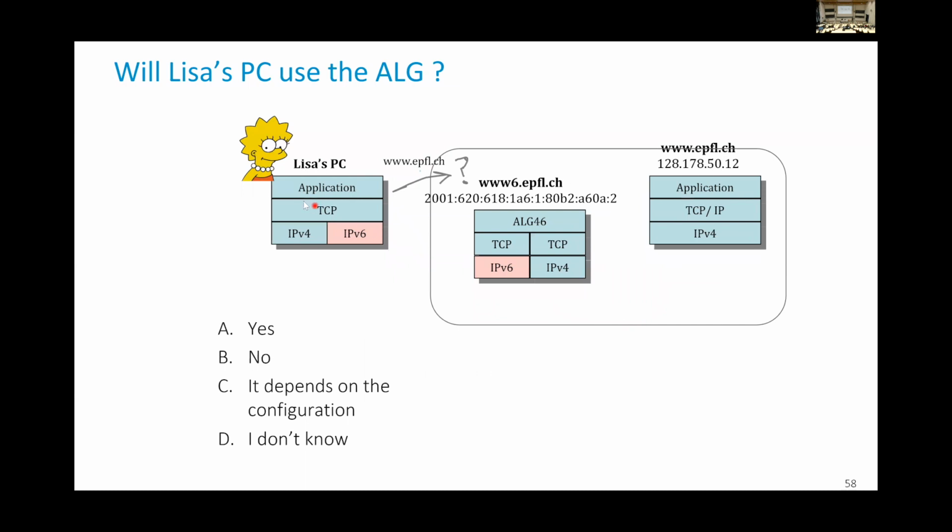Now, what happens if you're dual stack? So you have both IPv4 and IPv6. This service exists natively and on the gateway. What will happen to you?